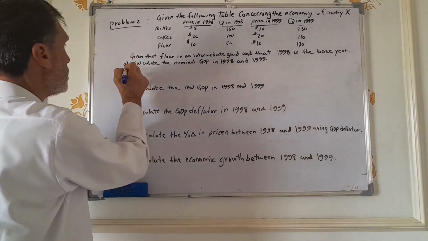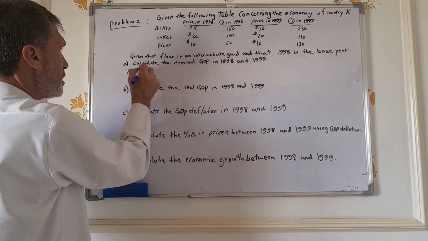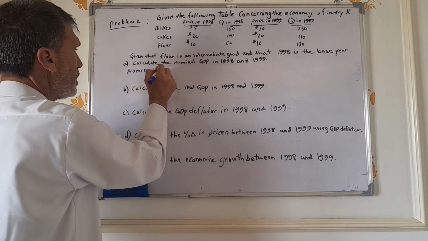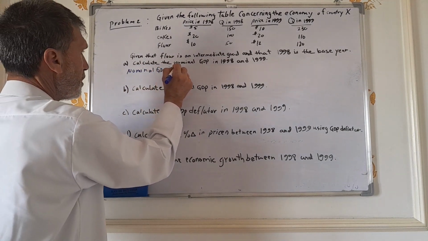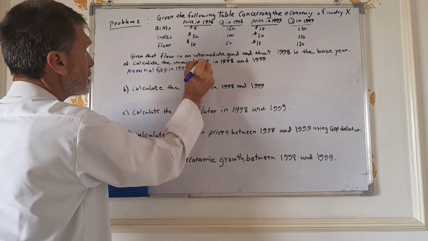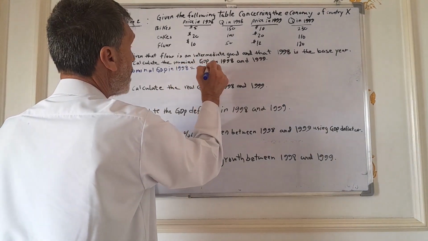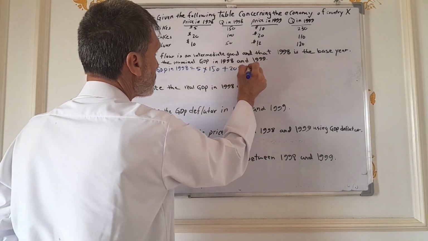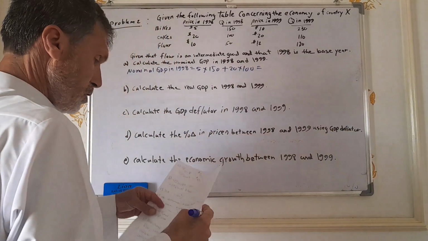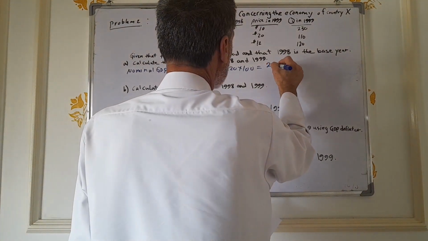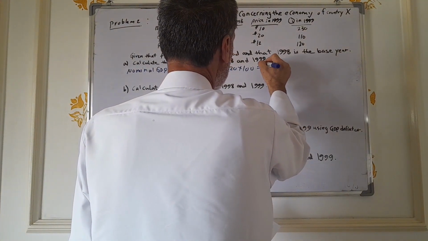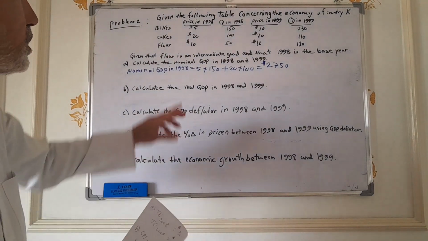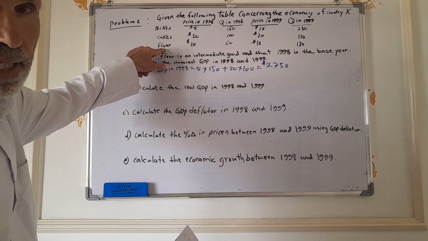So we say nominal GDP in 1998 is going to be equal to 5 times 150 plus 20 times 100, and we come up with $2,750. This is nominal GDP in 1998. We did not include flour because it is an intermediate good.